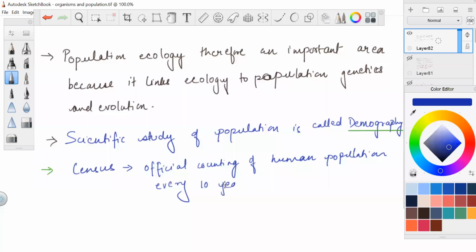Every 10 years, a census is taken. You should remember the first census in independent India. The first census that took place in independent India was in the year 1951.